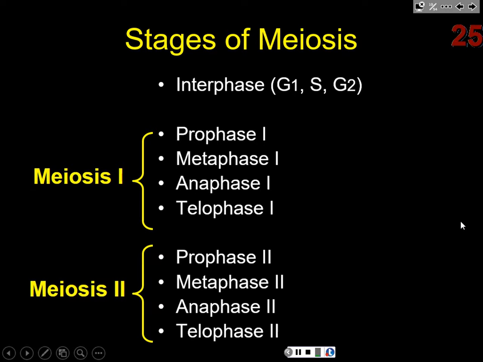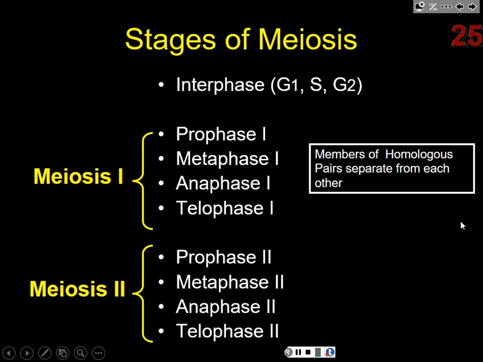The purpose of meiosis 1 is to separate the homologous pair. Members of homologous pairs separate from each other. Okay? What does that mean? Anybody want to add? Separate the homologous pair.